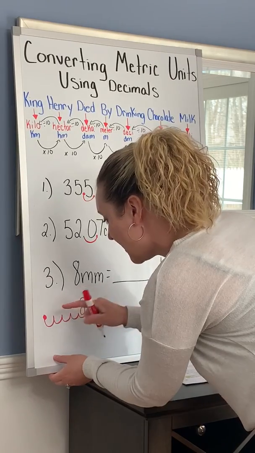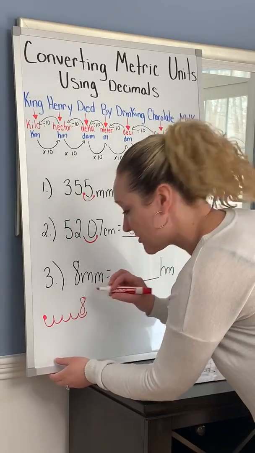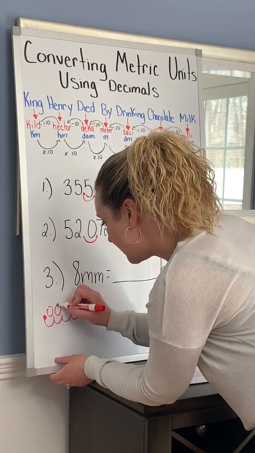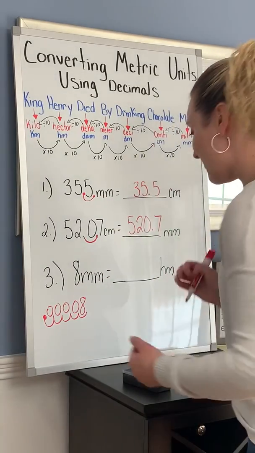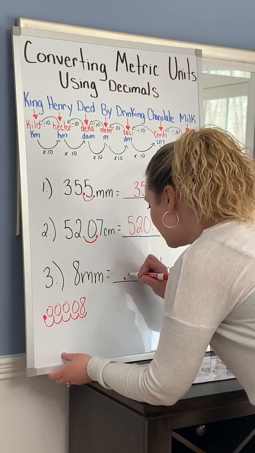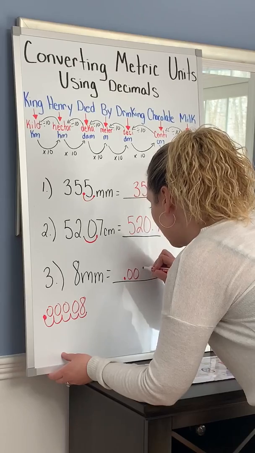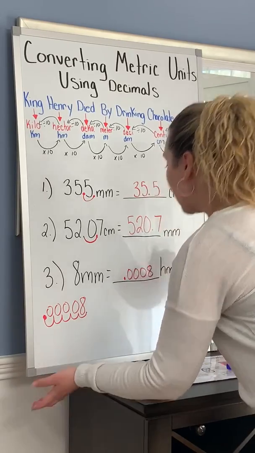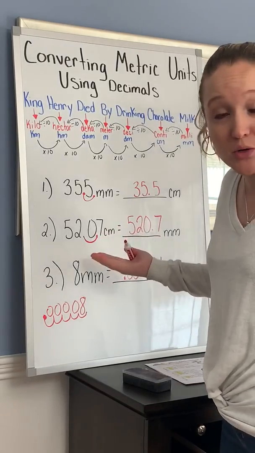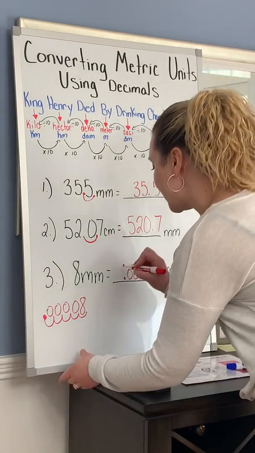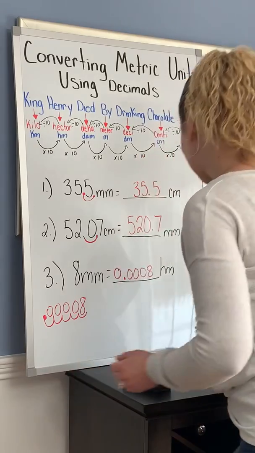Now remember, you need to fill these with the zeros. So you have a 0, 0, 0, and 0. Now I'm going to rewrite this number. So I have my decimal, and you have 1, 2, 3, and 4. Now I know some of you are thinking, do you have to put a 0 there? Yes or no, that is your call. But I'll put a 0 to make you guys happy.